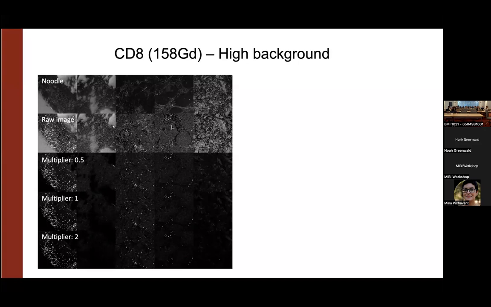Because they'll be randomly selected, they'll probably represent your whole data set, such as FOVs closer to the edge of the slide or the center of the tissue, and you can evaluate if the single compensation matrix can be applied across all those tissues. You want to find a balance when adjusting the noodle channel, so that across all those FOVs you get good background removal while keeping the real signal.